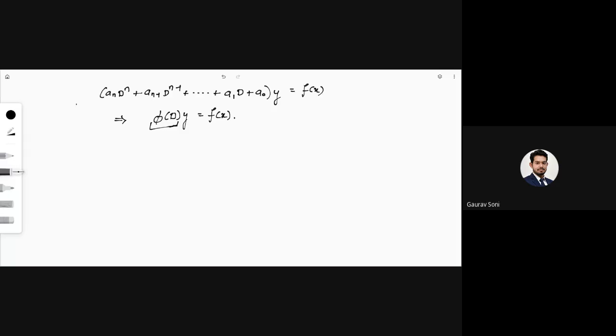So this is a linear differential equation with constant coefficients. So further, whenever I want to address a general linear differential equation, I will start from phi of D acting on y is equal to f of x. Now, there are two types of linear differential equations. First one, homogeneous.